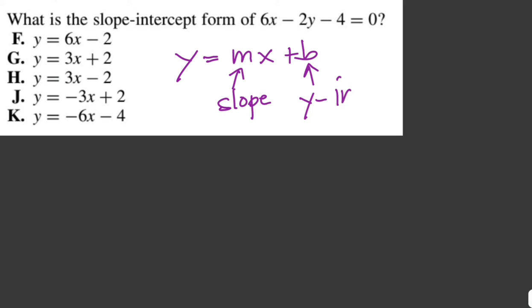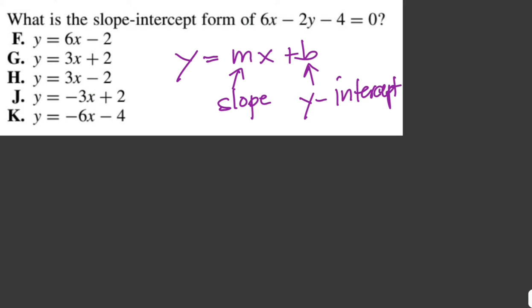What is the slope-intercept form of 6x minus 2y minus 4 equals 0? The slope-intercept form of the equation of a line states that y equals mx plus b, where m is the slope and b is the y-intercept.